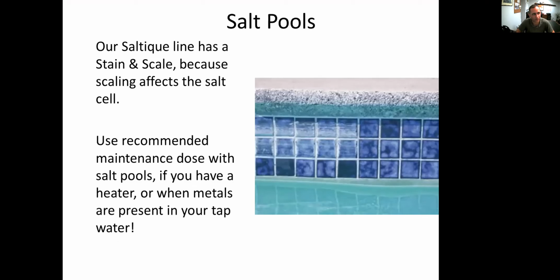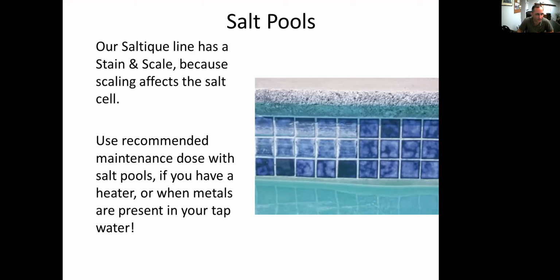Again, salt pools, our Saltig line has a stain and scale in it, which I believe should be the Ketrol Plus one. It might be a different name though. But like I said, the calcium scaling can affect the cell on the salt chlorine generator.